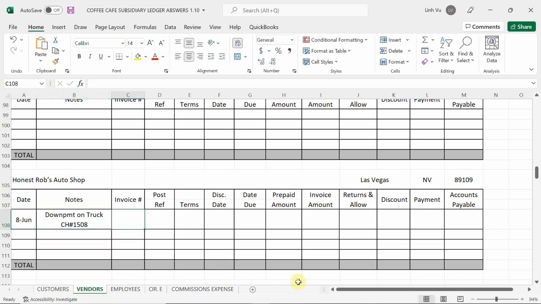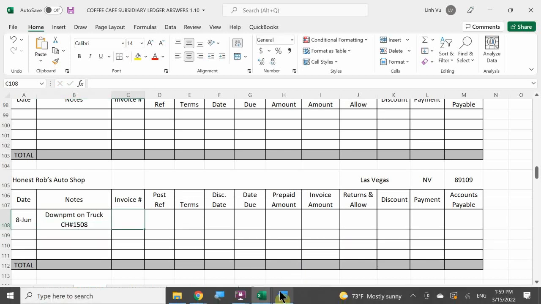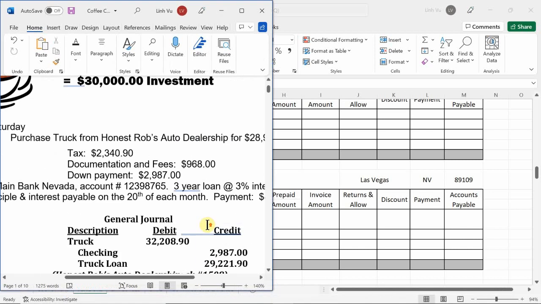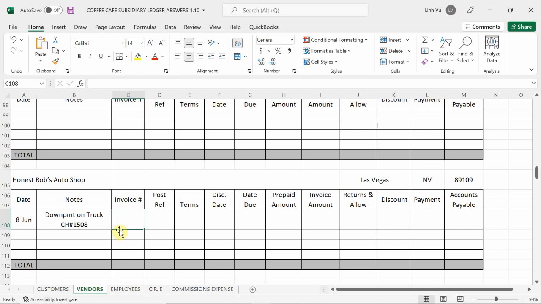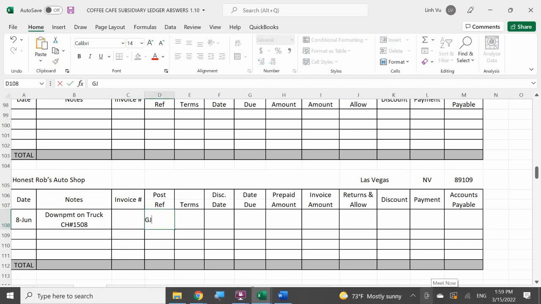Okay? Invoice number. So in this case, what was the contract number that you received from Honest Robs? This case, on account number. Okay, so this is for your main bank. So in this case, no invoice number for this one. Okay? All right. Post reference, once again, still General Journal 3 here.